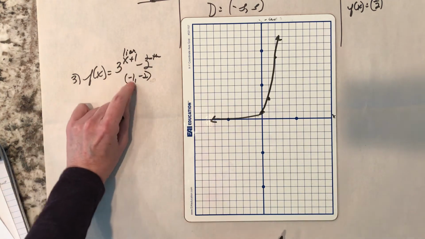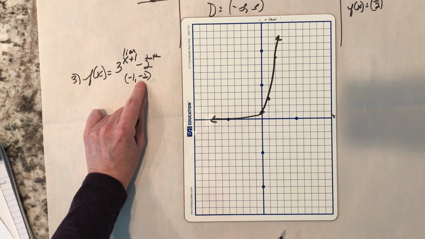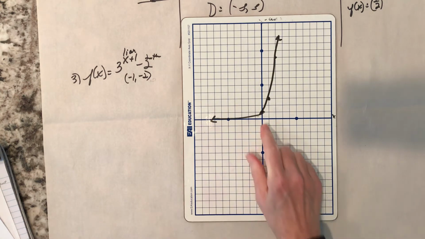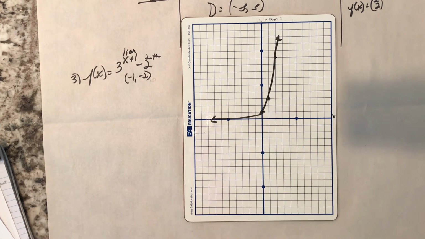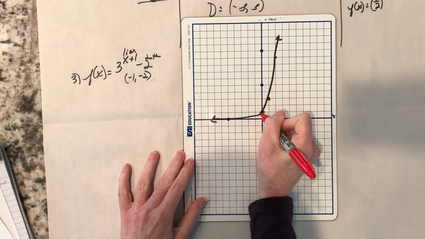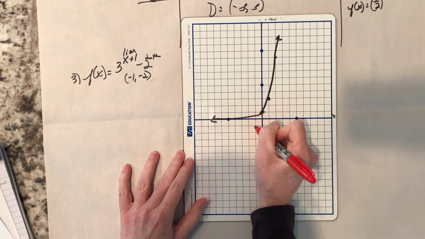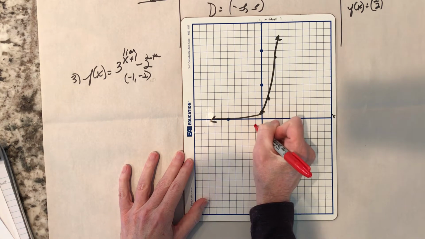The opposite of that number, the same as that number. So we're going to take this place and move it to -1, -2. So we want to shift this to the left 1 and down 2, and it's going to go right there.